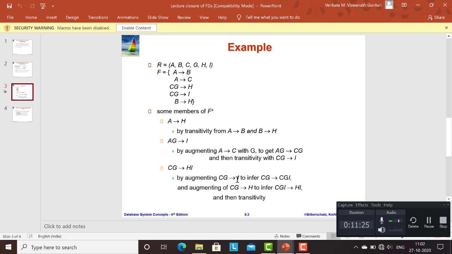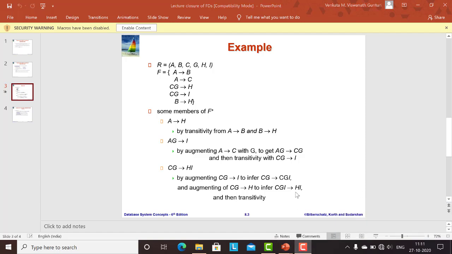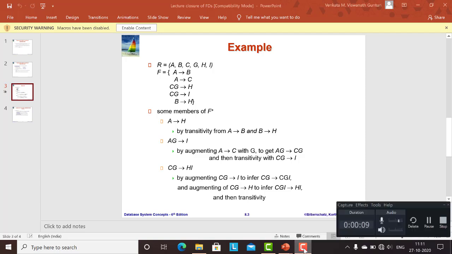So we have CG implies I, right? And now I augment CG on both the left side and the right side of this functional dependency. Now, since CG is already there on the left side, putting one more CG over here does not really make sense, whereas the CG can be added on the right side.